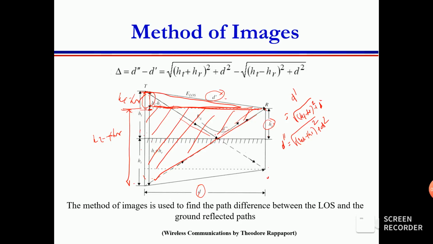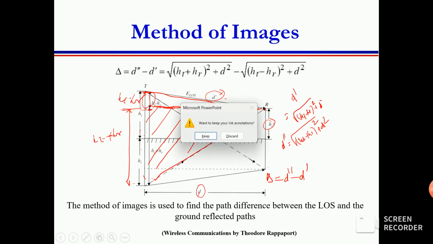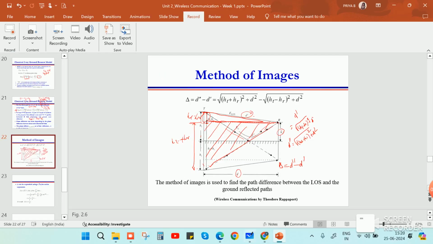So the path difference is delta equal to d double dash minus d dash, right? Do you understand this? Let me explain here.